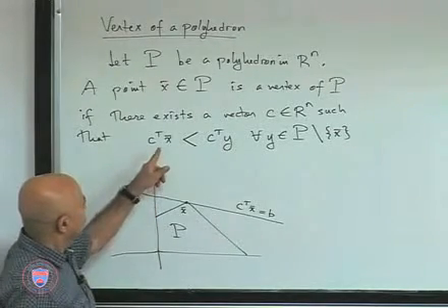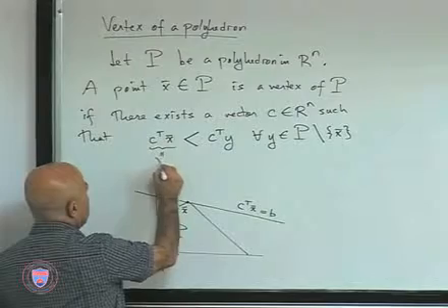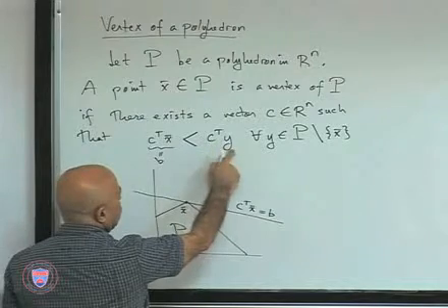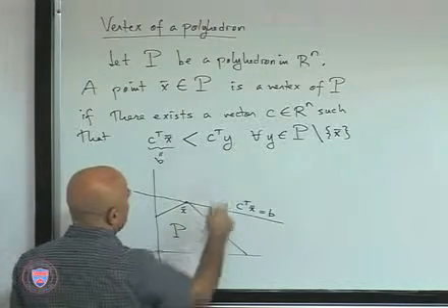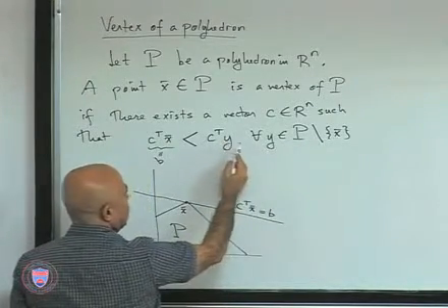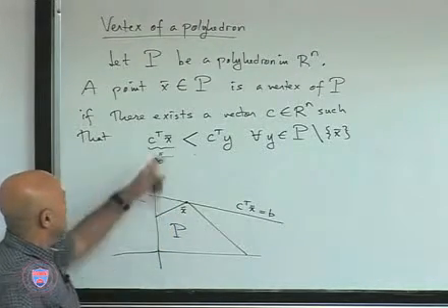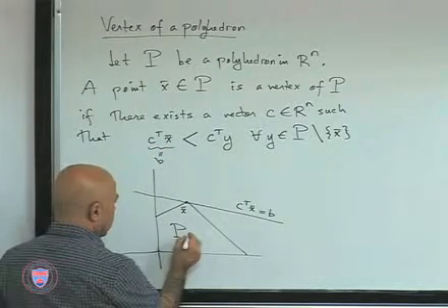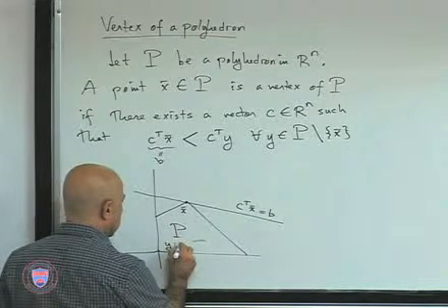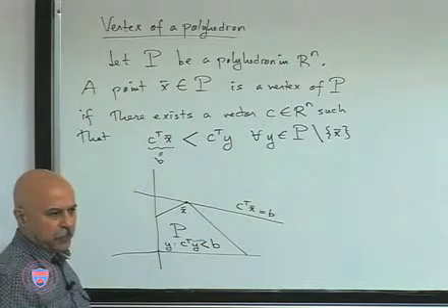And when you look at this definition, this is by assumption some number B. And for every point other than x bar, C transpose y is less than, greater than B. So this consists of points of the form y such that C transpose y is strictly less than B. Okay, this part.